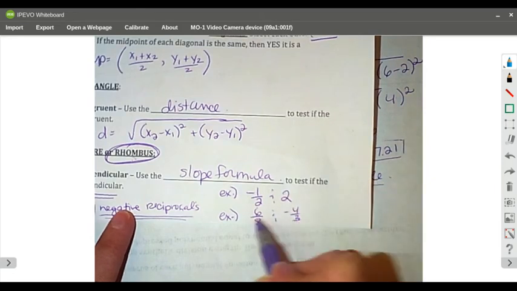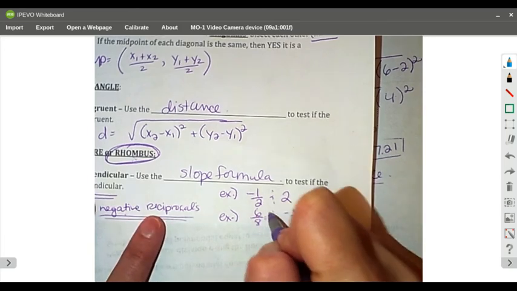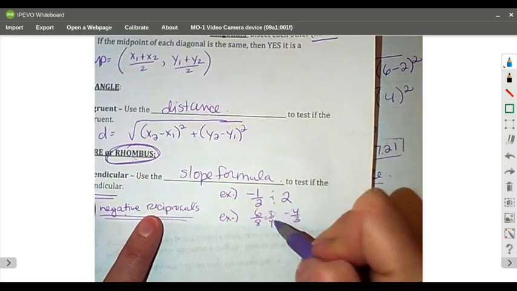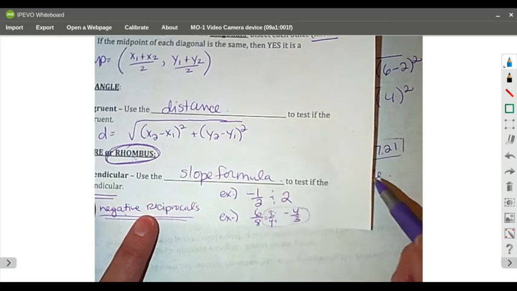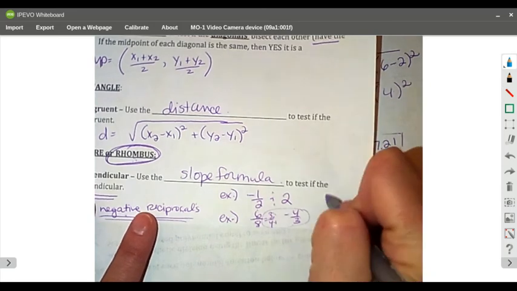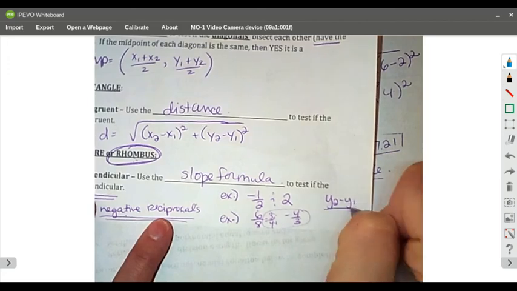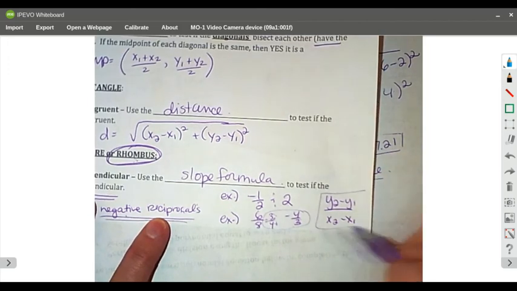You might look at that initially and be like, oh, those are not negative reciprocals. But really, 6/8 is the same as 3/4. So 3/4 and -4/3, that would be a yes. These are negative reciprocals. So always make sure when you're doing the slope formula that you reduce your slopes. Super important. Here's the slope formula in case you need it. I know I wrote it up ahead, but that's what we're going to use.